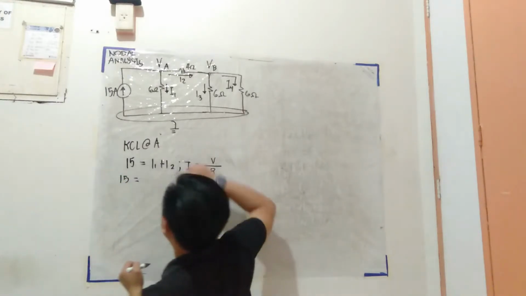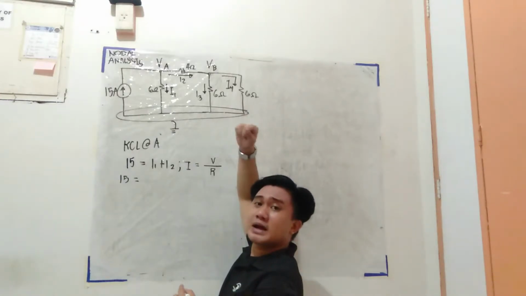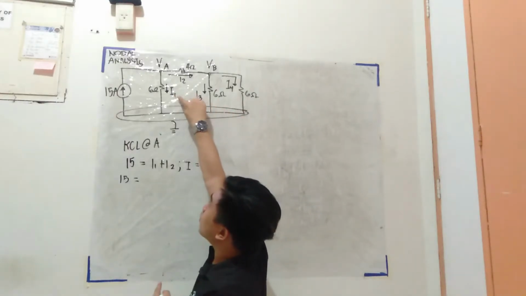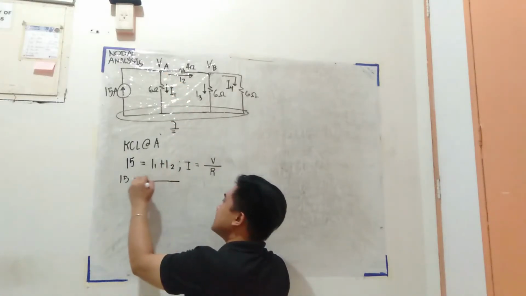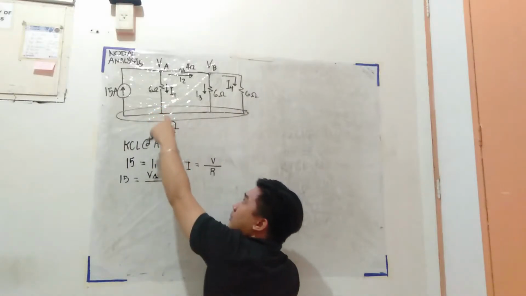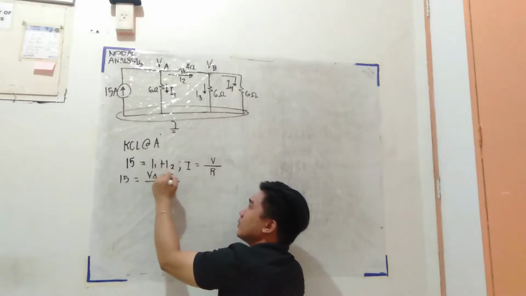So, di ba si I1, susunsunin mo lang or ititrace mo yung pinagmulan at pinagtapusan ni I1. Di ba? Kung susundan mo yung direction ng arrow ni I1, nagsimula siya doon kay VA. So, that is VA. And then, siya nagpunta papunta ng ground. So, VA, ano bang voltage sa ground? 0.